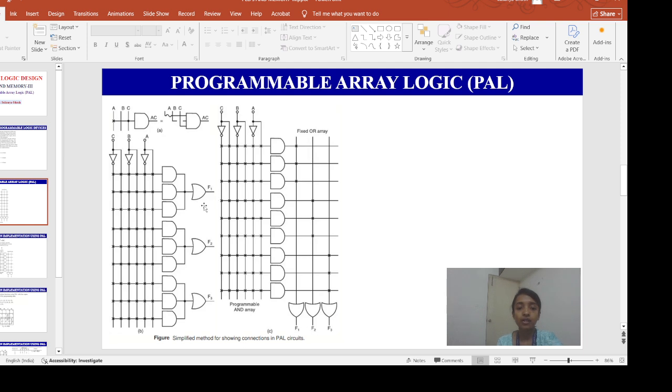Let's consider F1 having 3 product terms, F2 having 3 product terms, and F3 having 3 product terms. Notice that there are 9 AND gates, 3, 6 and 9. There are a total of 9 AND gates, which implies only 9 chosen products of not more than 3 variables A, B, C.